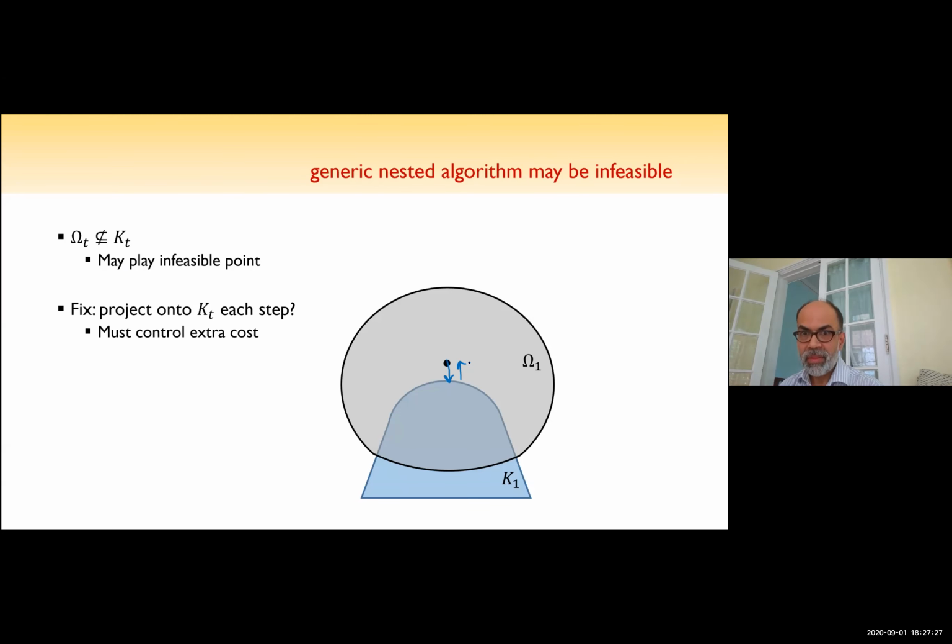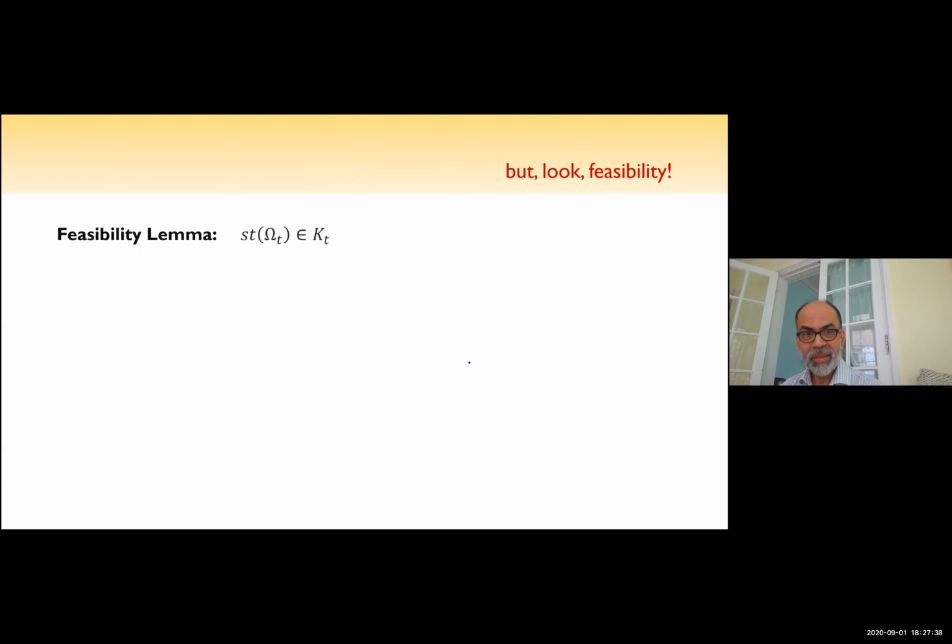Okay. So the worry really is, I'm chasing omegas. Omegas might be infeasible. And the miracle is, well, the Steiner point is feasible. Okay. And let me show you a picture. What's the picture?